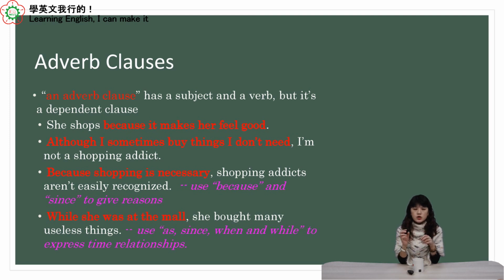You can say "she bought many useless things." This is an independent clause, so it can exist by itself. However, "while she was at the mall" is an adverb clause. It must go with another independent clause to make it meaningful.